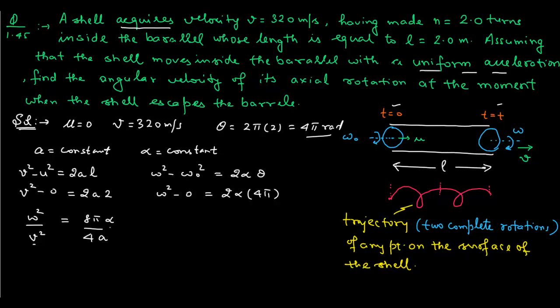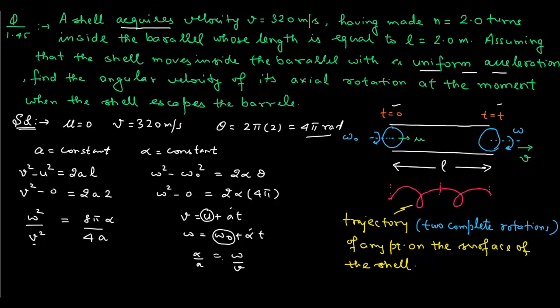In order to calculate these, I use the equations v equals u plus at and omega equals omega naught plus alpha t. We know that u and omega naught are both 0. So if I divide both these equations, t gets cancelled, and alpha by a is equal to omega by v.